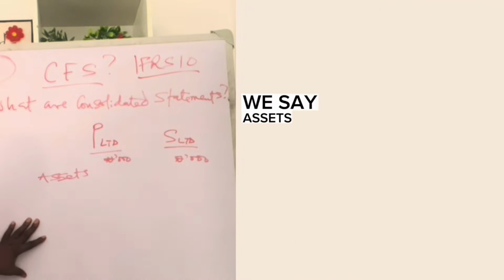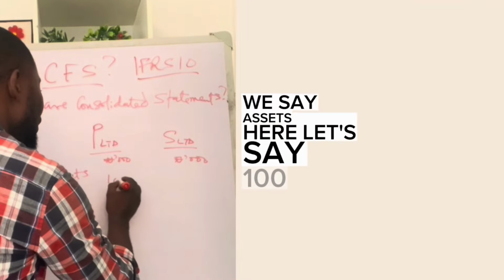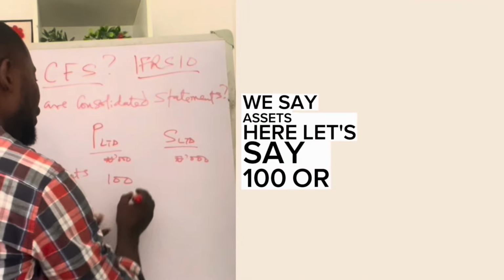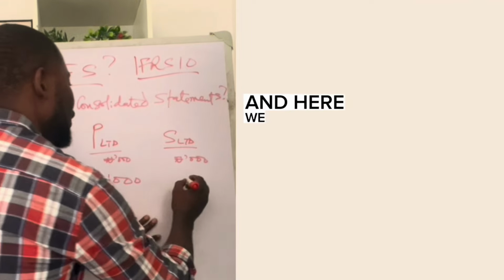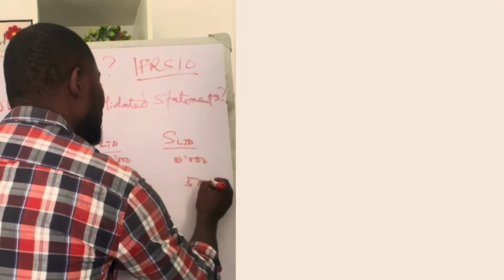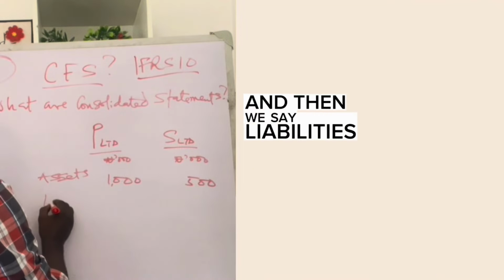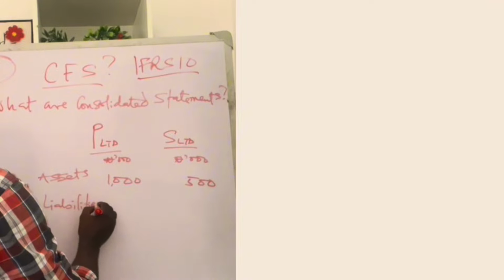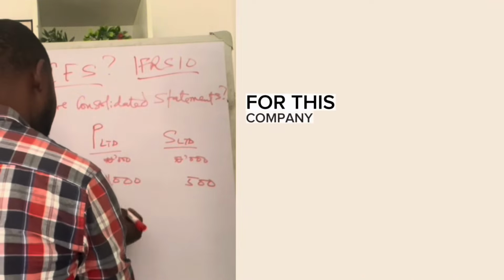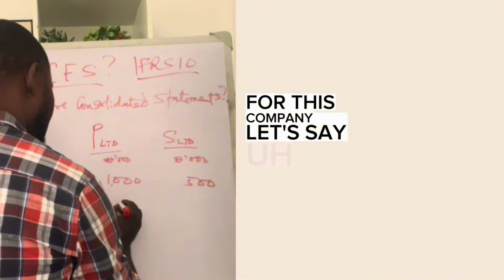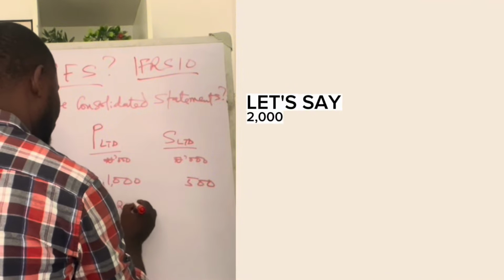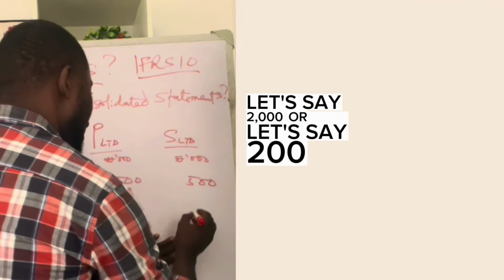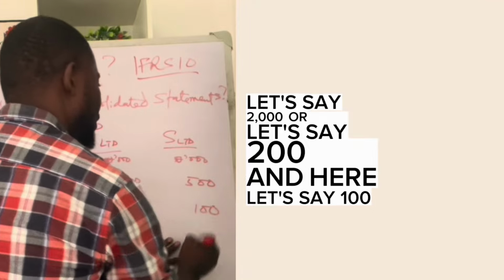Here, let's say 1,000, and here we say 500. And then we say liabilities. For this company, let's say 200, and here let's say 100.